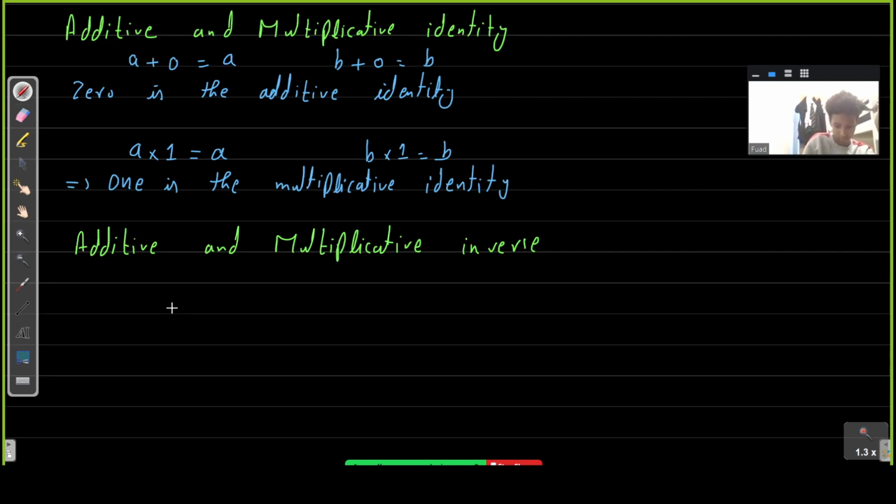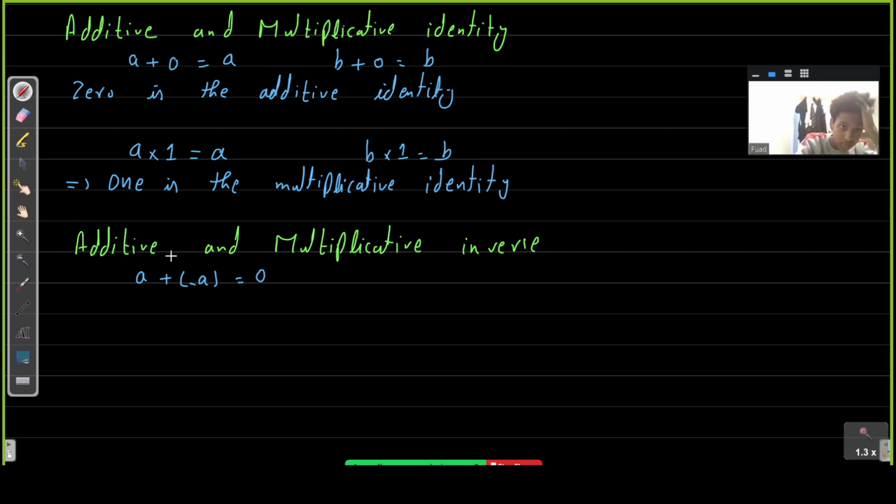If we add two numbers and we get the additive identity, it means those numbers are additive inverses of each other. For instance, if I add a and minus a, a minus a is equal to 0. What is 0? 0 is the additive identity.